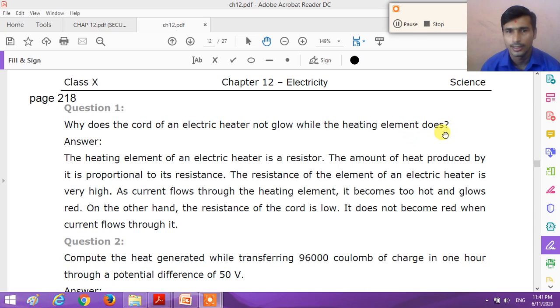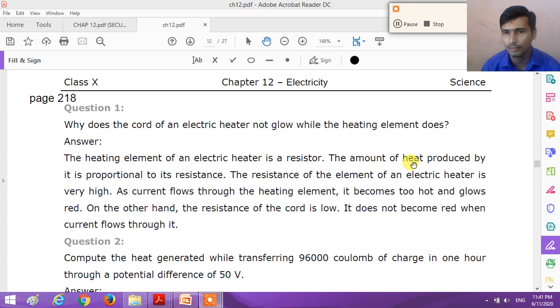Right? When the current passes through the electric heater, the cord does not glow. Why does the cord not glow while the heating element does? The answer to this question is that the heating element of an electric heater is a resistor.